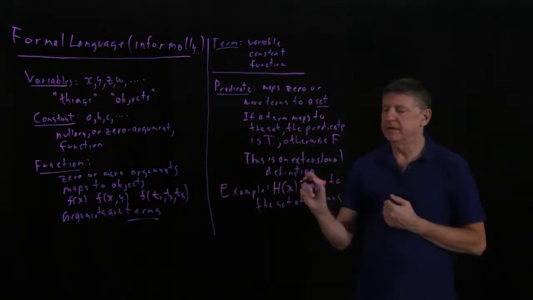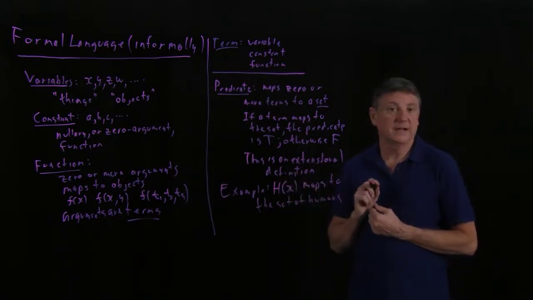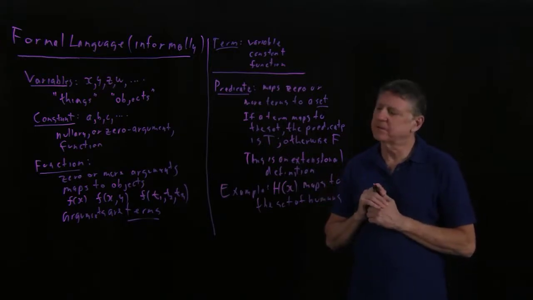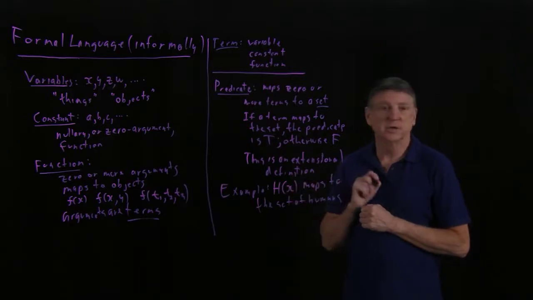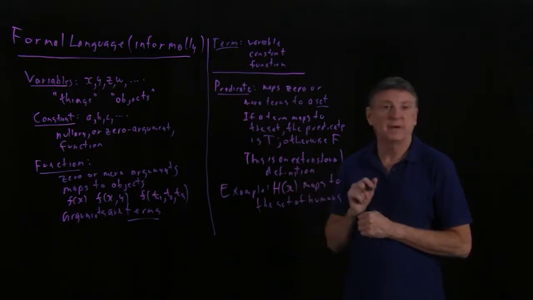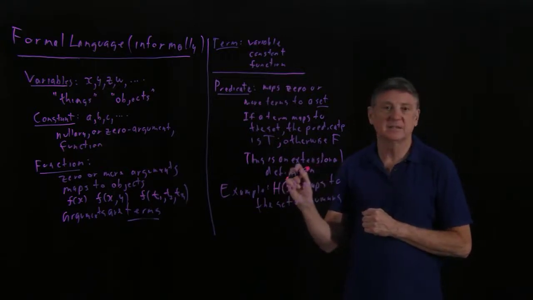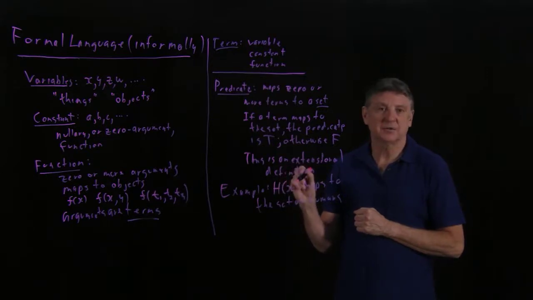And so if we insert Socrates in here, then Socrates will evaluate to H. Well, yes, that's one of the things that we would like Socrates to map to. And if we were to insert a dog in here or a rock, that would not map to the set of humans, and so we would say that that predicate is false when applied to that term.